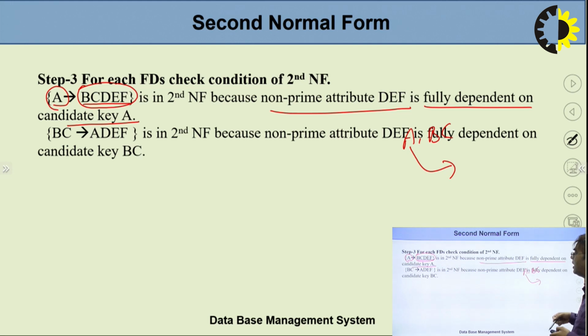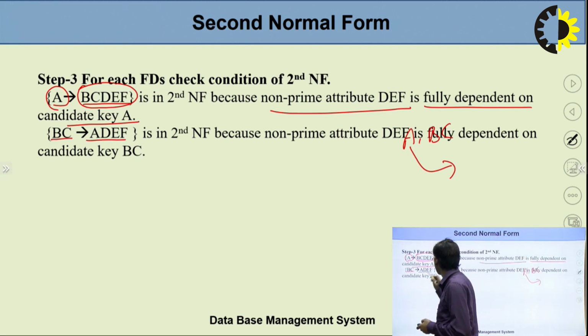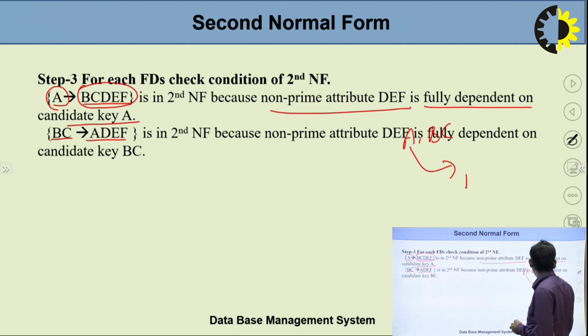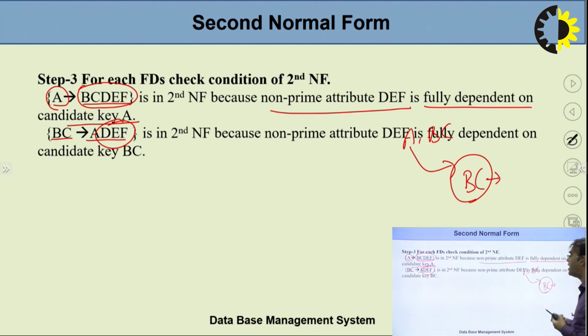Now we take the second functional dependency, BC tends to DEF. BC is a candidate key, and it is able to derive the non-prime attributes DEF. BC is not a part of a candidate key, it is a candidate key. That's why it is also in second normal form.